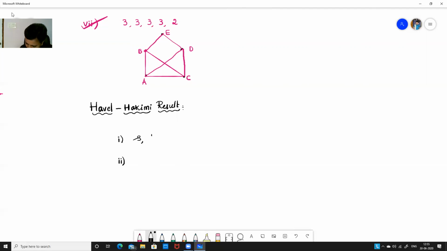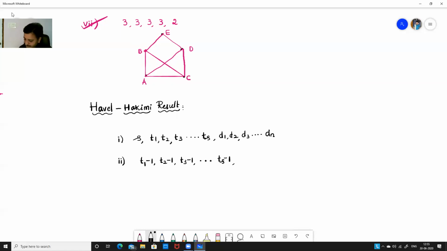Suppose S: T1, T2, T3 up to so on TS, D1, D2, D3 up to so on DN. Where the second one is T1 minus 1, T2 minus 1, T3 minus 1 and so on, TS minus 1.